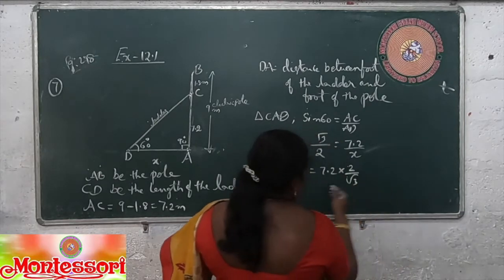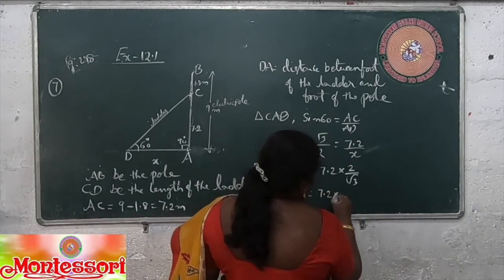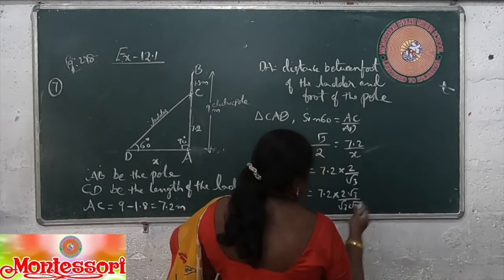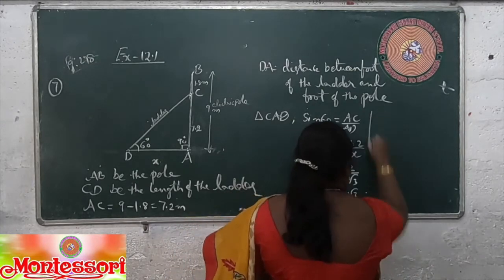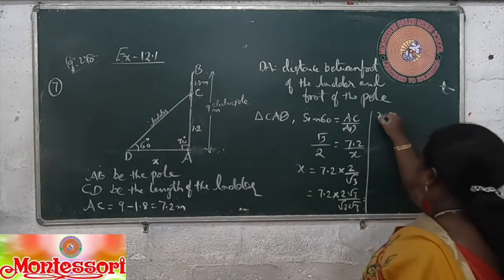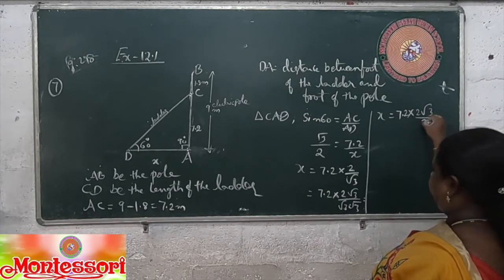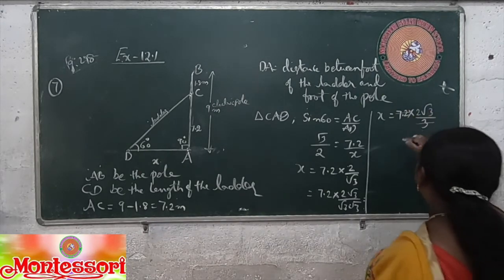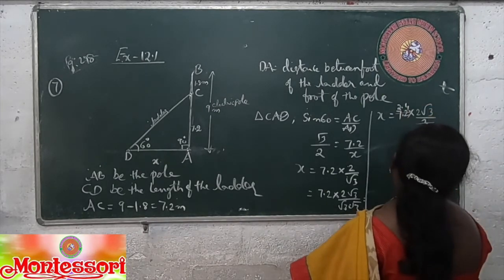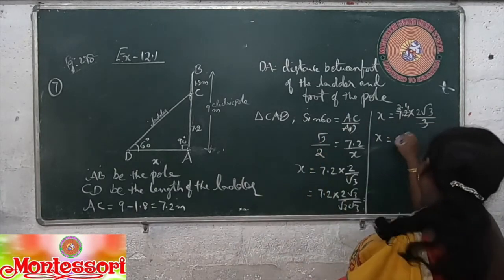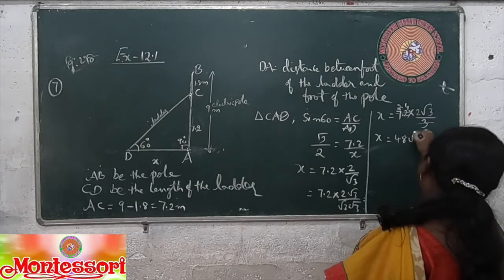To rationalize, 7.2 into 2 root 3 by root 3 into root 3. So x is equal to 7.2 into 2 root 3 by 3, that is 4.8 root 3.